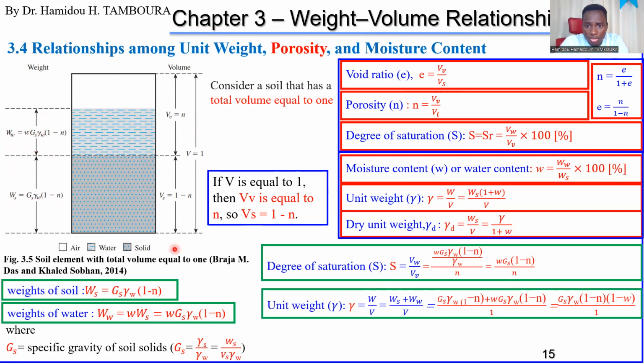So if you do that, you will get the total weight and you divide it by the total volume, which is 1 here. Very lucky situation. So in that case, you will have this weight of solid, which is here. Sorry, the parentheses here are not well written. Weight of water, it's here.